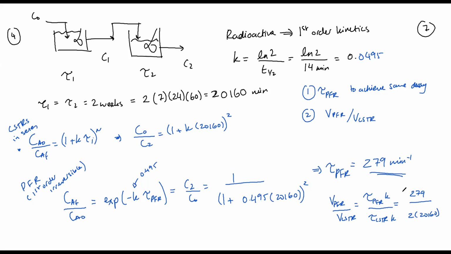You're going to get 6.9 times 10 to the minus 3, right? So the PFR will be significantly smaller, will require a lot less holdup to achieve the same type of concentration.